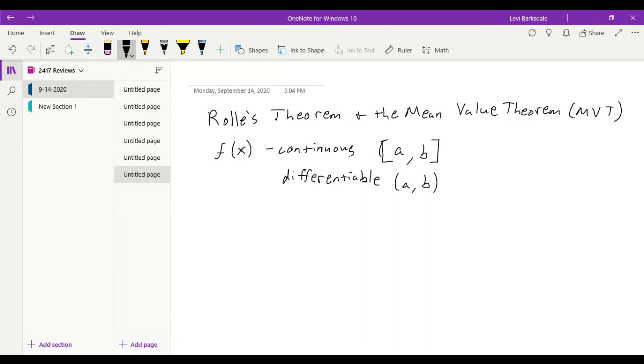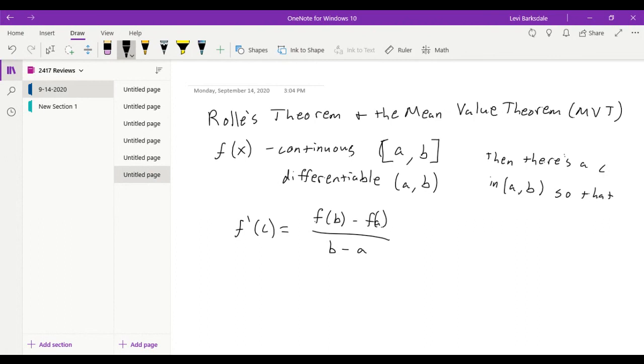So everything in between a and b, but not necessarily at a and b itself. Then there's a point c in (a, b) so that our first derivative at c is equal to f of b minus f of a divided by b minus a.